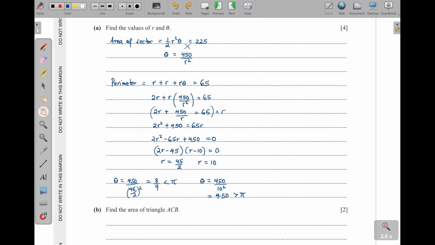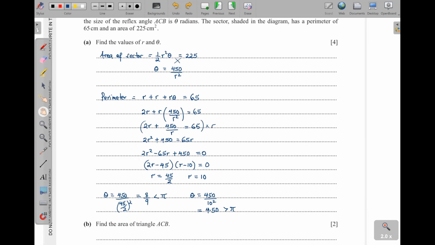This simply implies that, since theta is reflex, R is equal to 10 centimeters and theta is equal to 4.5.